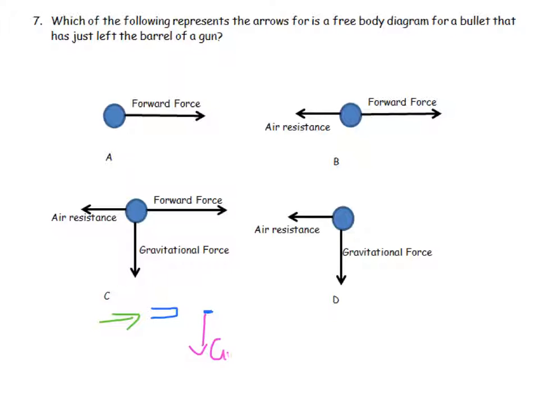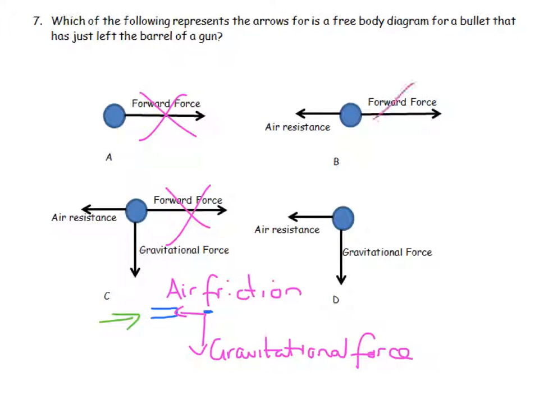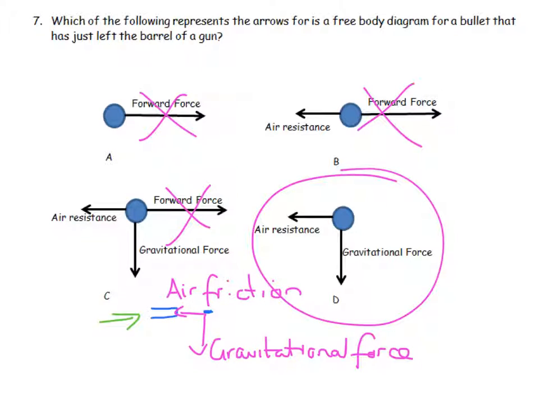One is its gravitational force, or weight, and the other is that it is encountering some air particles along the way, so it is experiencing some air friction, or if you prefer, air resistance. There is absolutely no force forcing it forward at all. The forward force happened back in the gun. When it's in free fall, it's D.